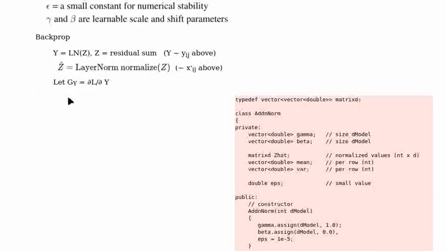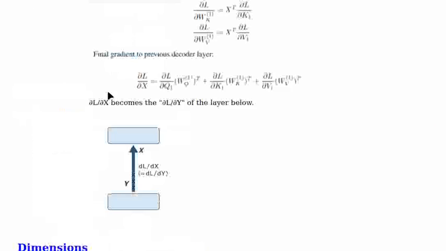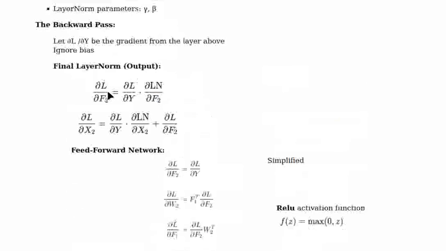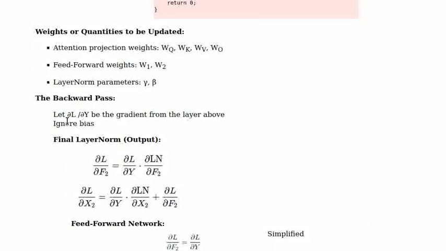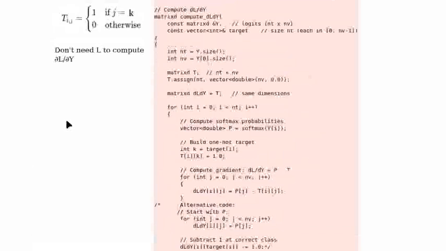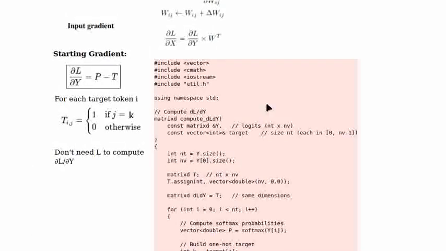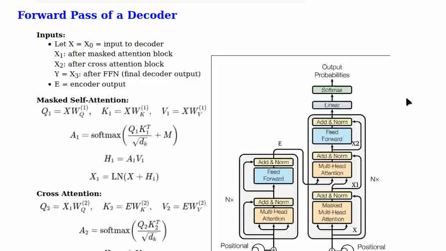Now suppose we let gy be dL/dy, the gradient with respect to y. And remember, we could calculate dL/dy at the beginning using this formula, from the loss calculated from here.